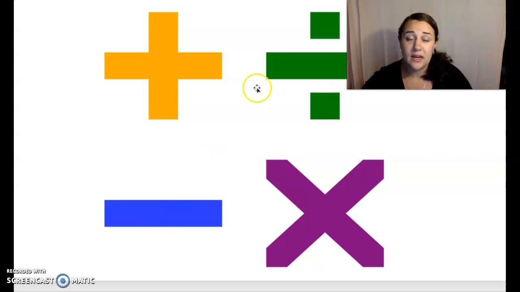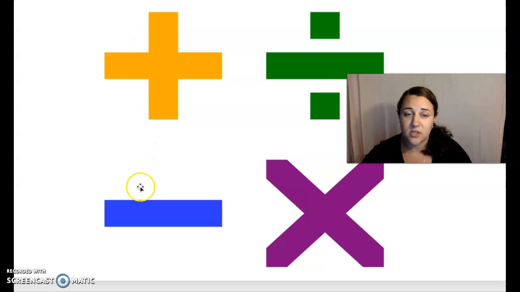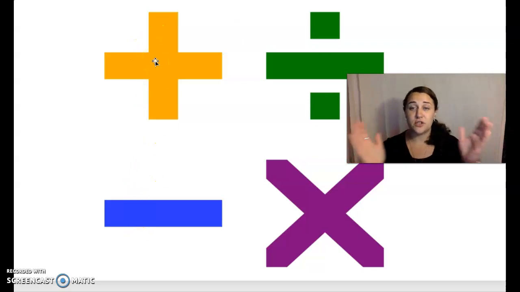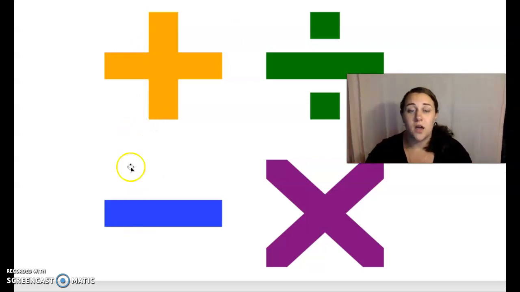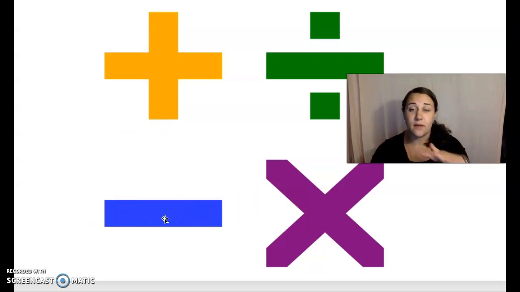All right, so here we have our symbols. We have addition and subtraction, which we've seen. Addition was two numbers we were putting together. Subtraction was the taking away. We had a number, and we had to take away from that number. Then we have multiplication and division. They're kind of similar. Multiplication is just like addition.